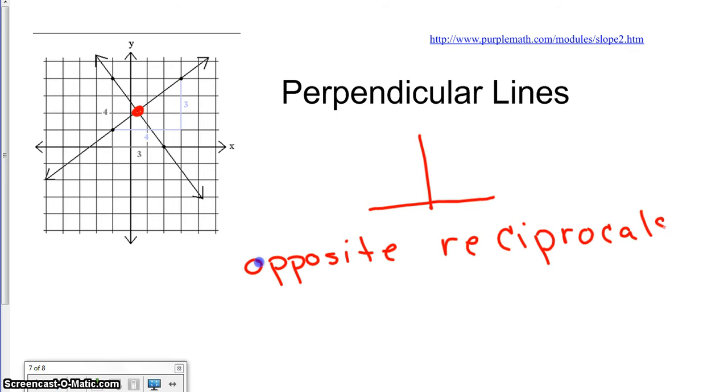Now, that means that they are opposite signs and that the absolute values are reciprocals. One of the ways that I remember this is that A over B, when put to a perpendicular, will become the opposite of B divided by A.